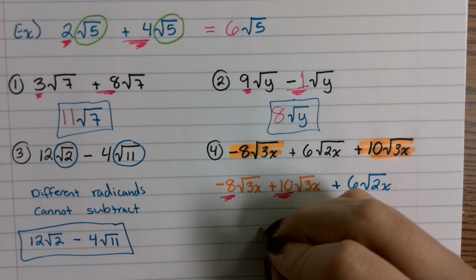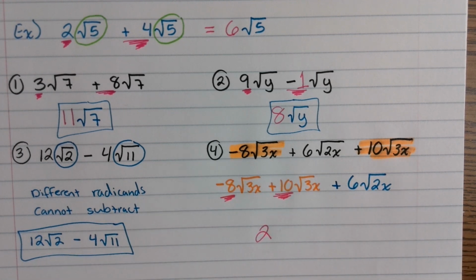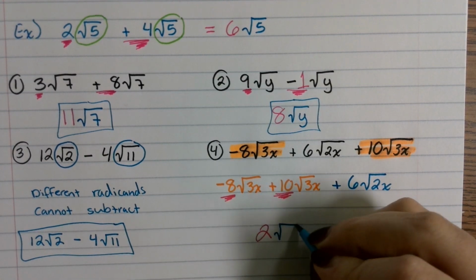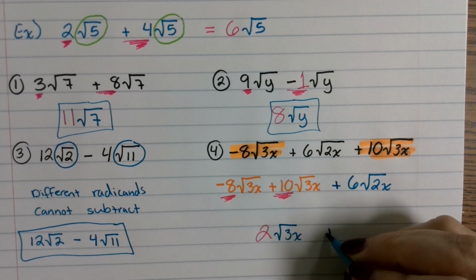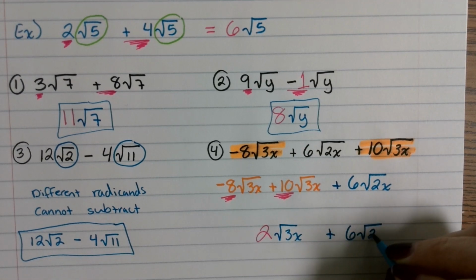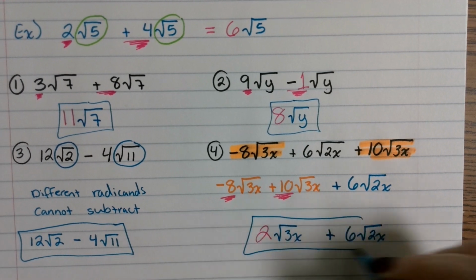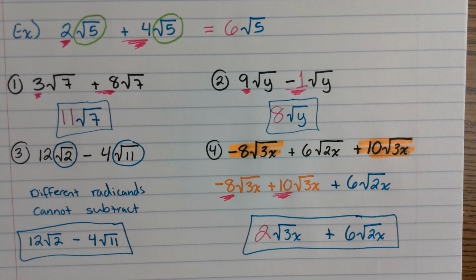So we get 2 square root of 3x plus 6 square root of 2x. And that's your final answer. Any questions so far? You have to make sure that you only combine if they are like radicands.